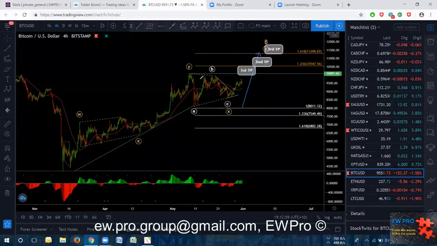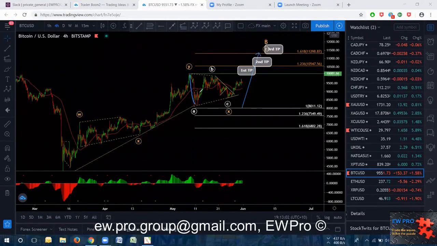So this can be the A, and A, B, C, and then we get that A, B, C before we get that Z up. So it's important if you're in this trade to move it to break even, because we can get that move down.